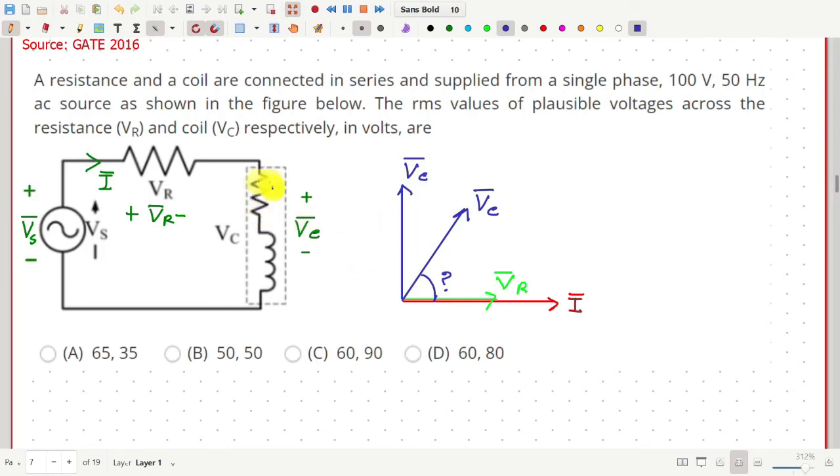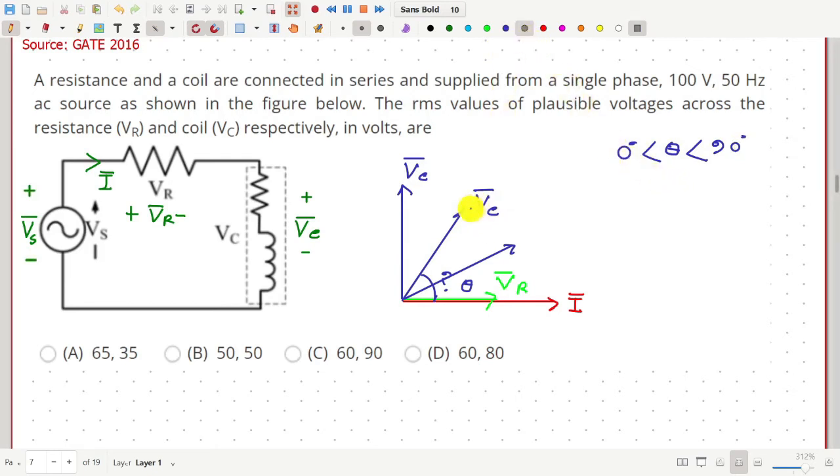And if this resistance is larger compared to the inductance, then the angle between the coil voltage and coil current will have a smaller value. So this angle, if you call that theta, can vary from 0 to 90 degrees. So 0 degree is less than theta, less than 90 degrees.